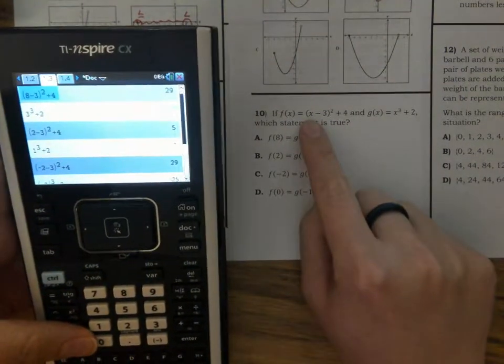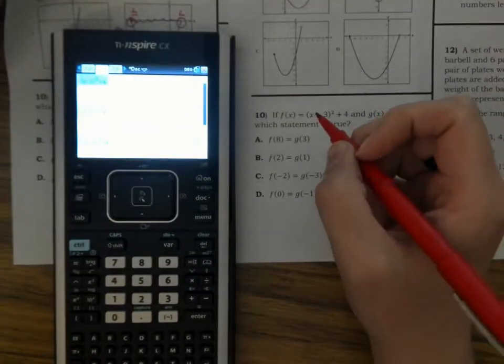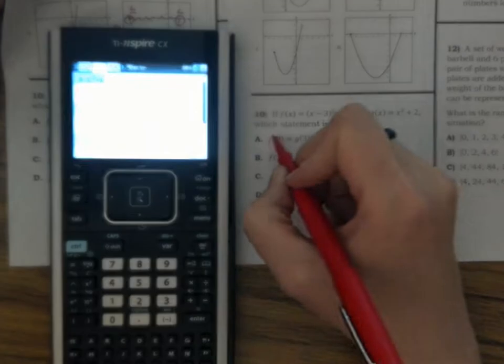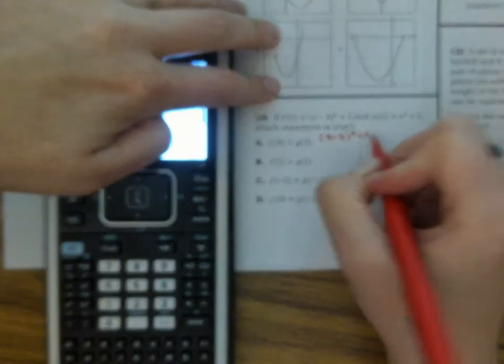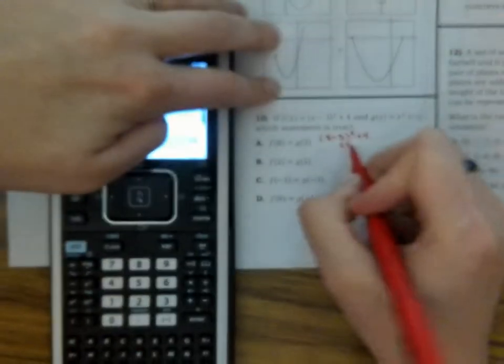So if I take my f function and I plug in 8, okay. If I plug in 8 for x, I would be writing 8 minus 3 squared plus 4, and I get 29.